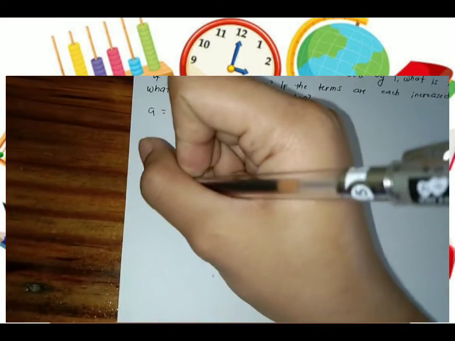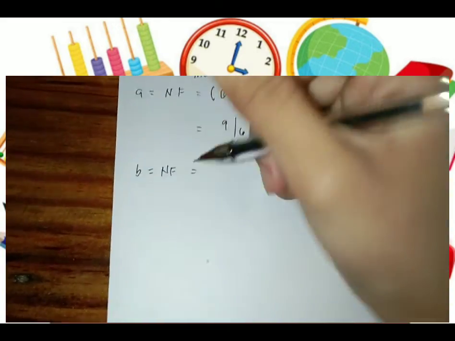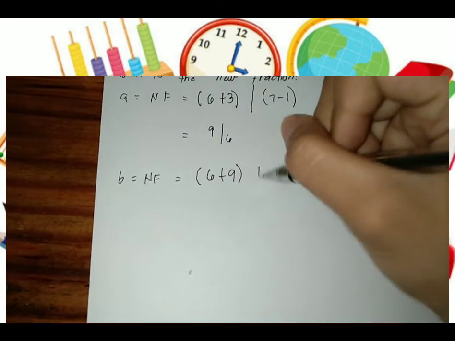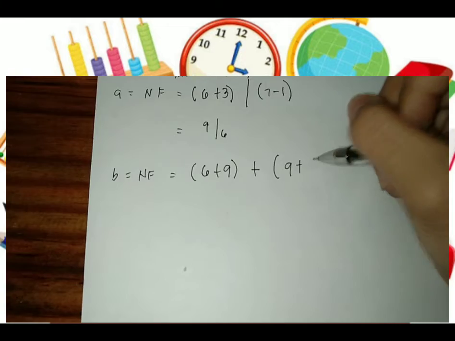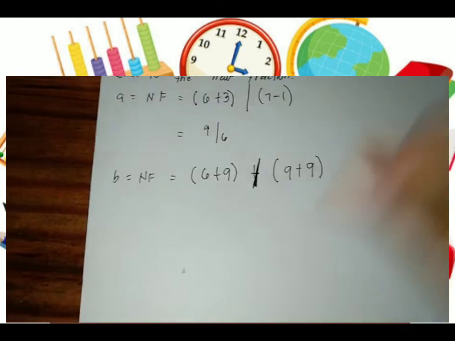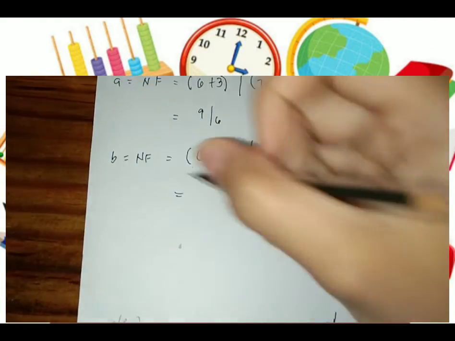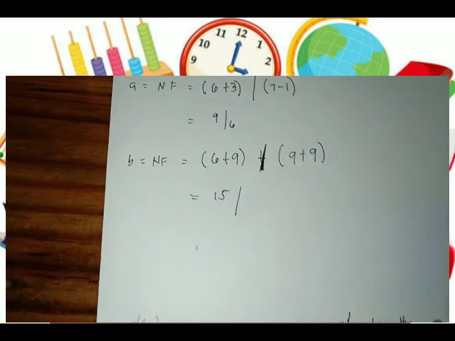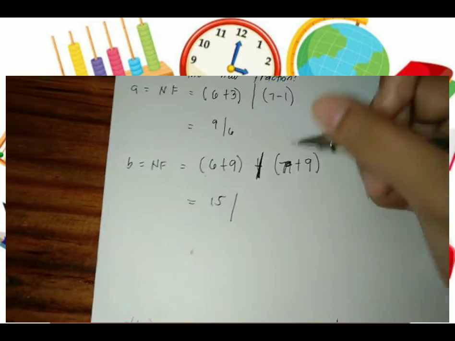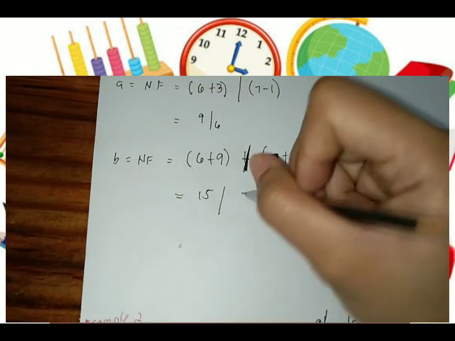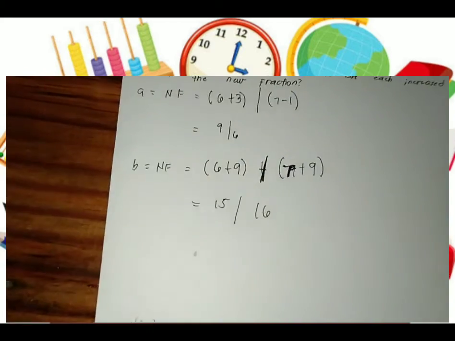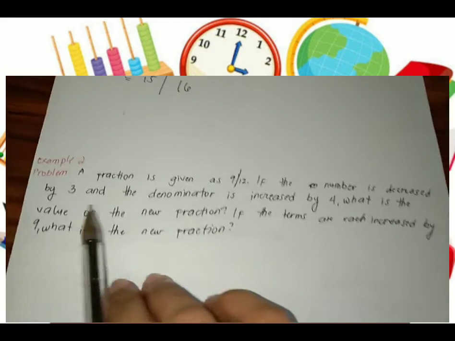So we have letter B also, the new fraction is 6 plus 9 over 7 plus 9. So we have 6 plus 9 is 15 over 7. I'm so sorry for the mistake. 7 plus 9 is equal to 16.